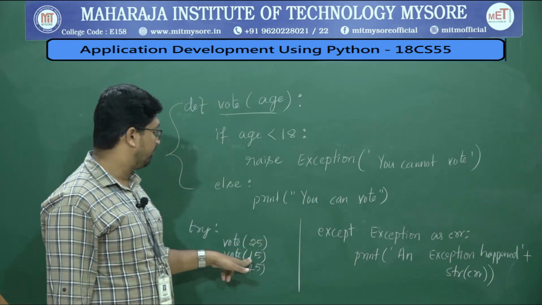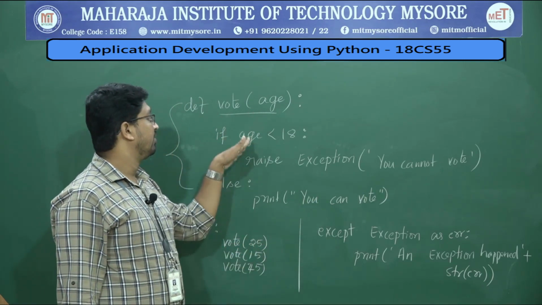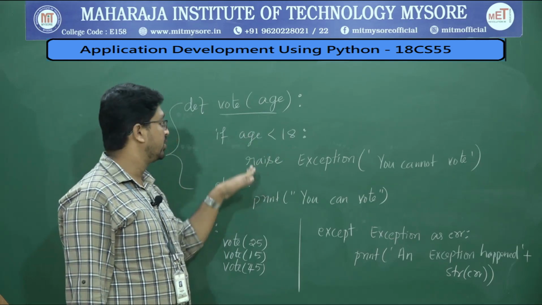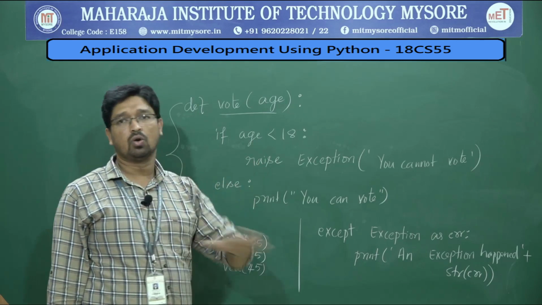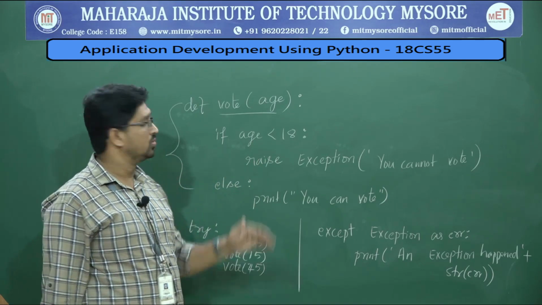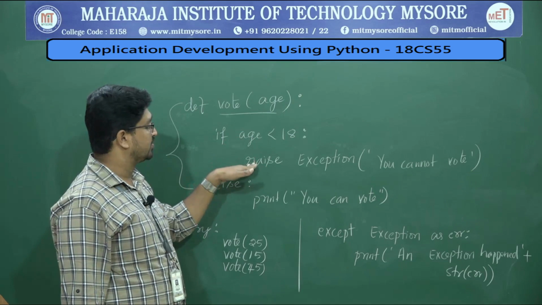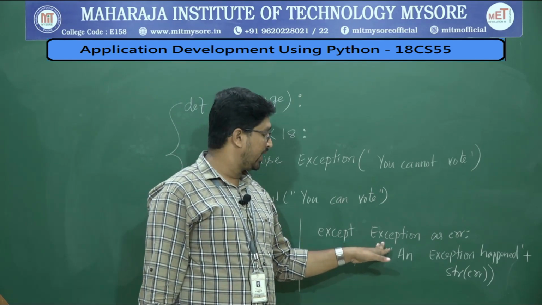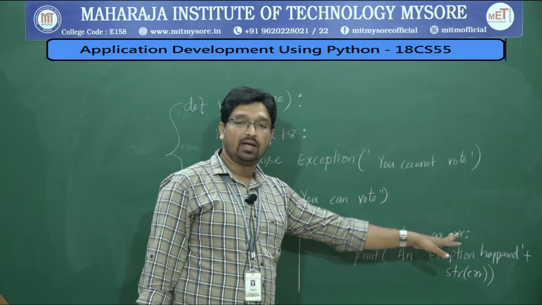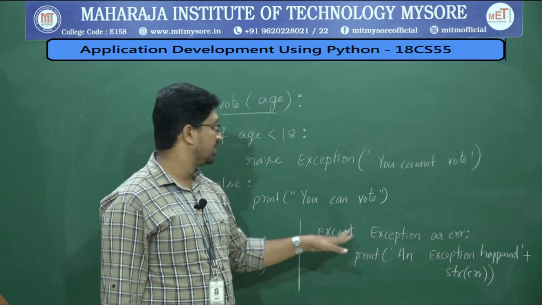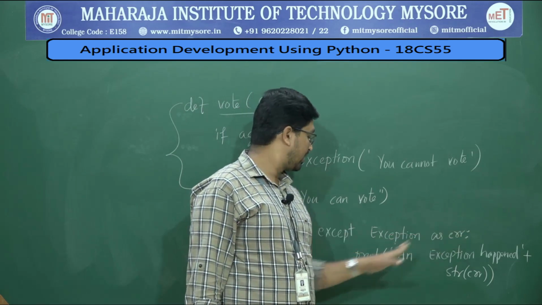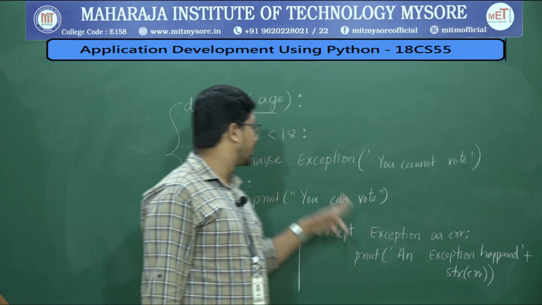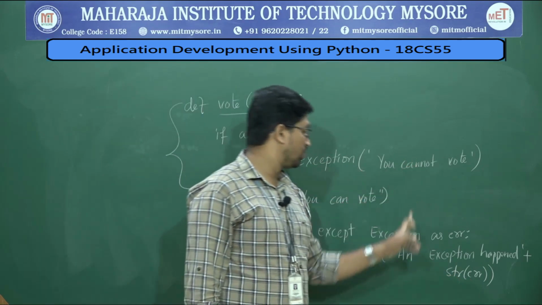Then when I pass 15, 15 is less than 18, which is true, so it will raise an exception. It will not continue, but raise an exception, and it will not close the execution. It will go to the except block, except Exception as error, print an exception happened, and I print the error message saying you cannot vote.